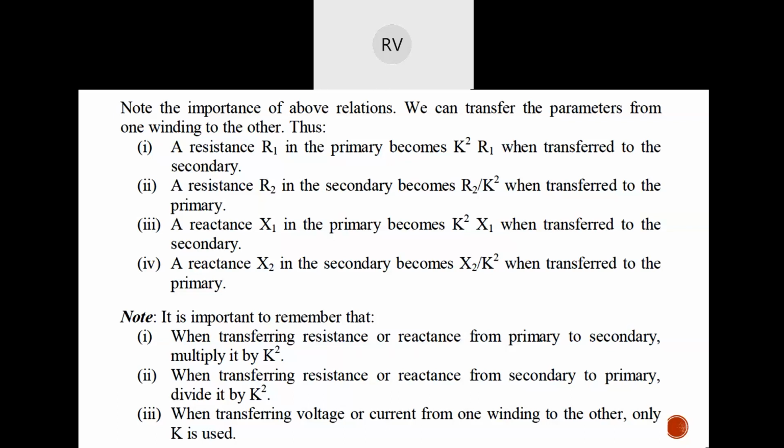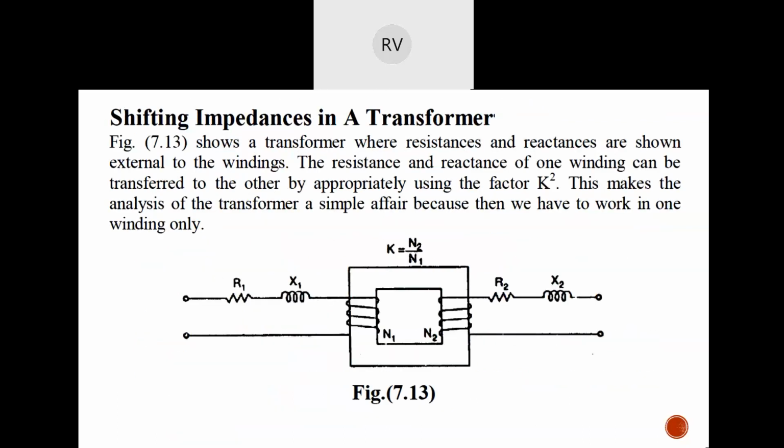When transferring voltage or current from one winding to the other, only K is used. If you are going for only voltage or current, then you use the voltage transformation ratio, that is K. If you are going for reactances or resistances, then you use the impedance ratio, which is K square.